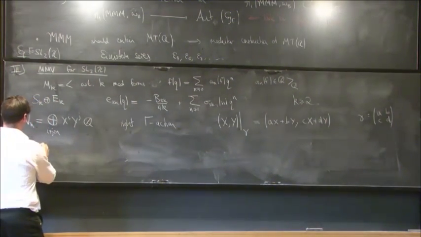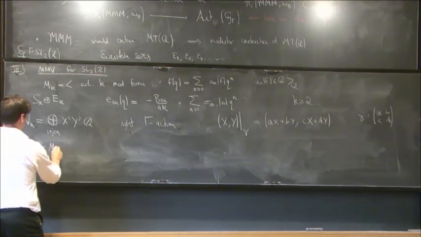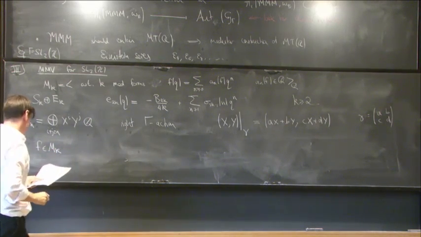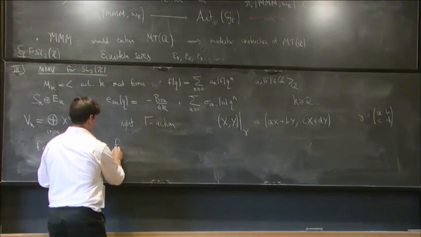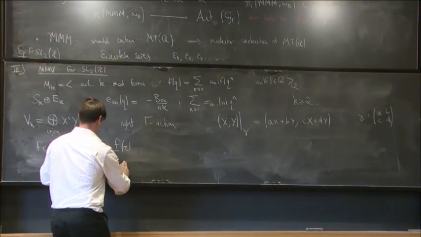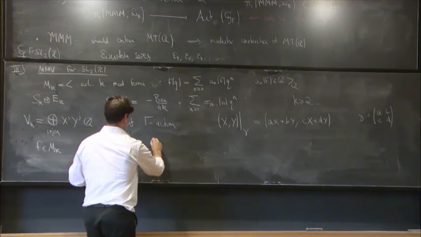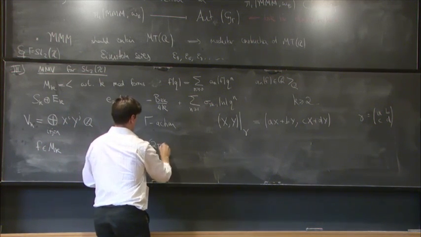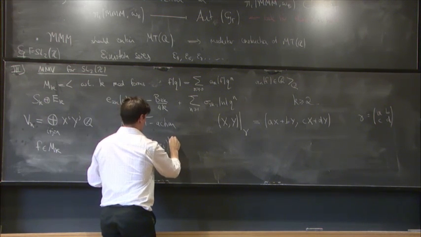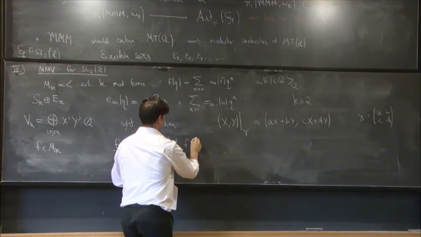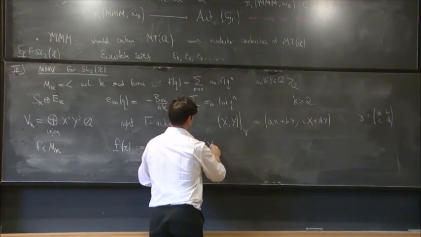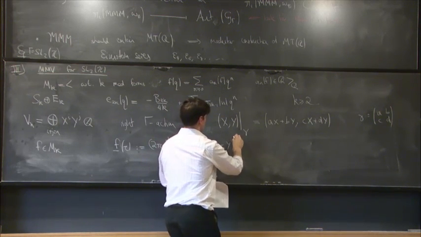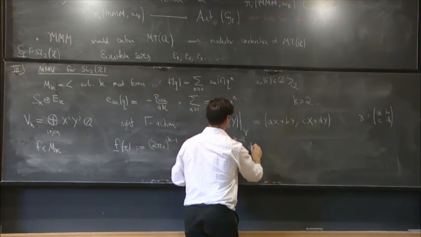And for a modular form, any modular form f in M_k, I want to denote by f underline of tau to be 2 pi i to the k minus 1 f of tau (x minus tau y) to the k minus 2 d tau.